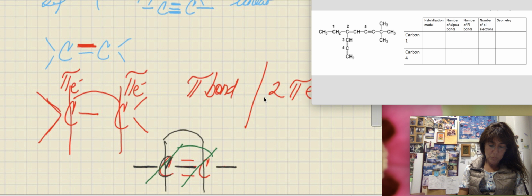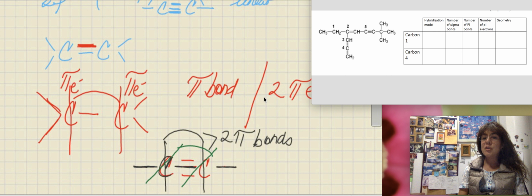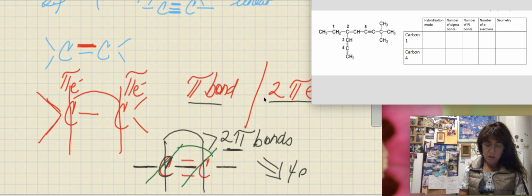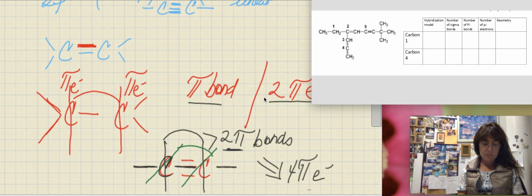The two pi bonds. If each pi bond contains two pi electrons, and you now have two pi bonds, this means that you have four pi electrons. Is this clear?